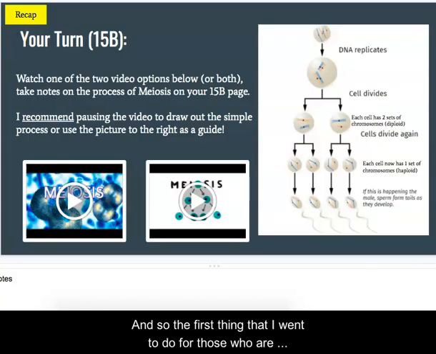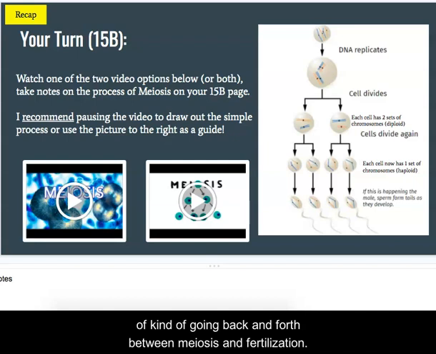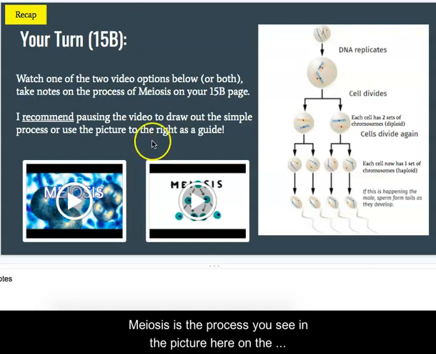The first thing that I'm going to do for those who are in class is recap. We left off last class learning about how our sexual life cycle is a process of going back and forth between meiosis and fertilization. Meiosis is the process you see in the picture here on the right.